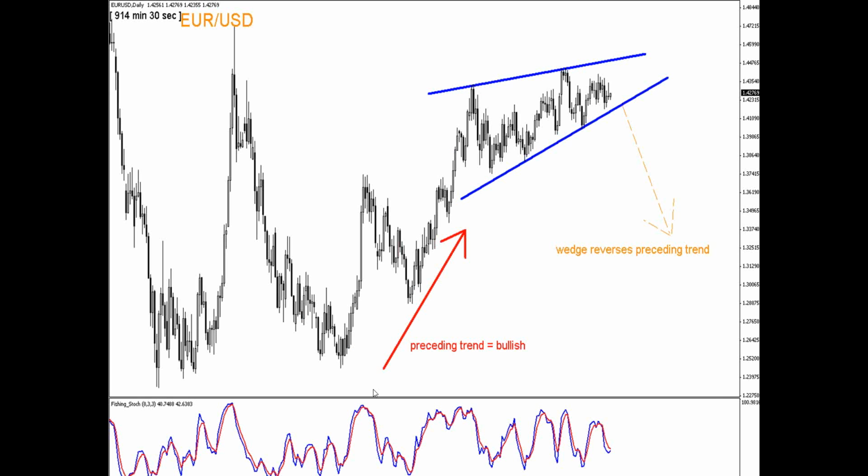So the next slide is a good example of a wedge. This can be viewed as one pattern which commonly shows on higher time frames. It can be shown also on lower time frames, but on higher time frames, a wedge is very important. In this example of a wedge pattern, we can see that the trend was building to the upside.